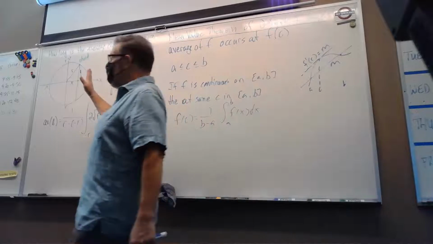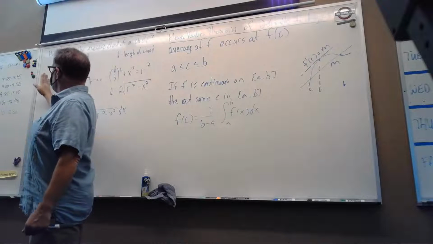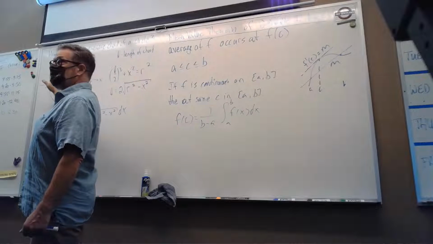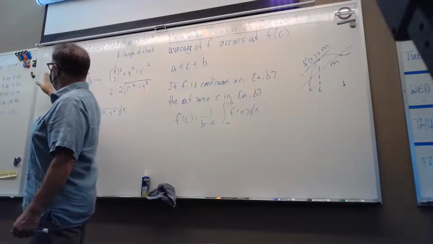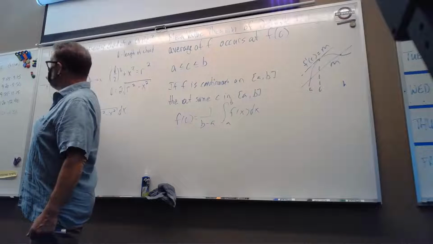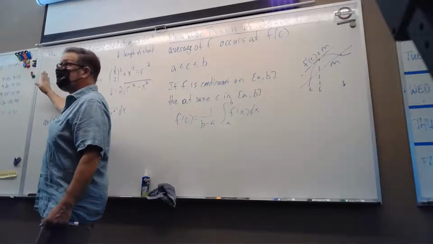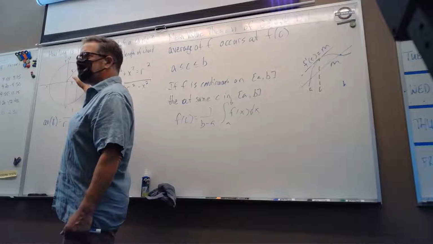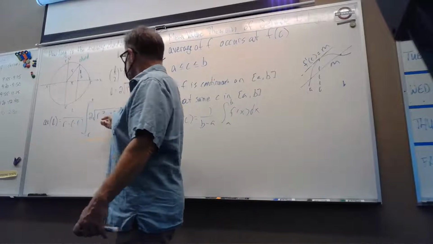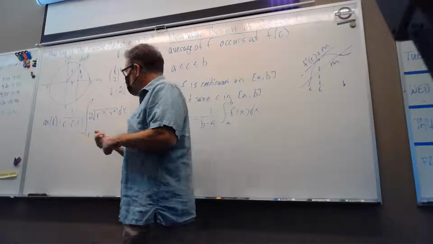If I add up all the infinite numbers of lengths of chords, aren't I just adding up an infinite number of really skinny rectangles from one side of the circle all the way to the other side? Which means that's just the area of the circle.